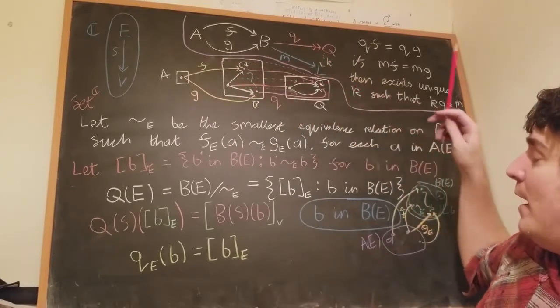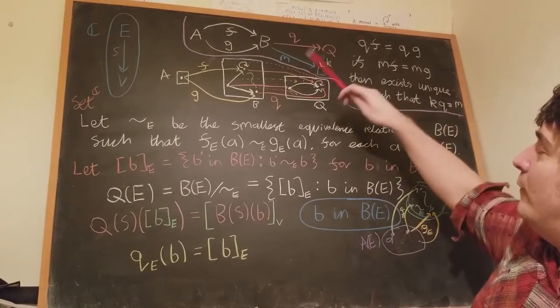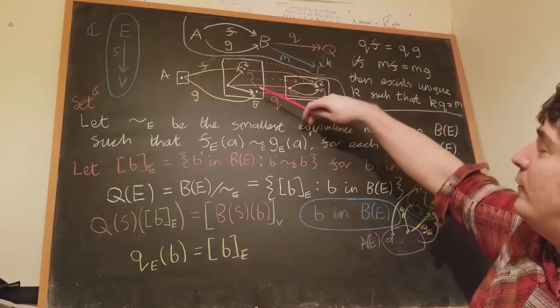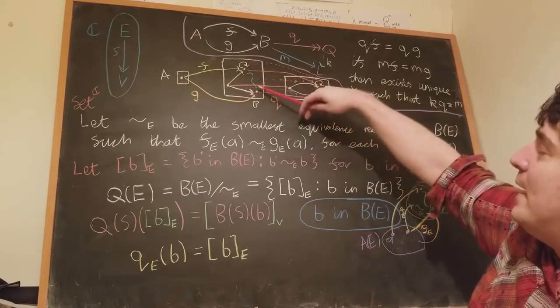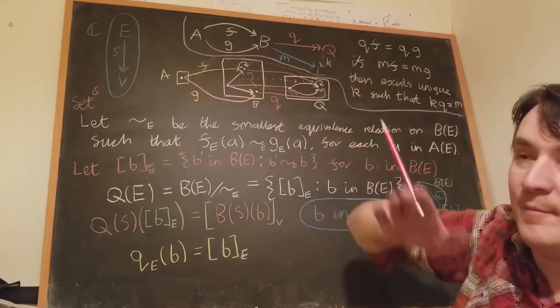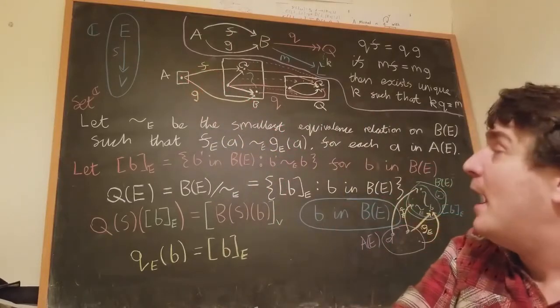Okay, so the vertices of this graph Q are like equivalence classes of the vertices of this graph B, where we're identifying two of them when they're both getting sent by F and G from some vertex in A. Okay.